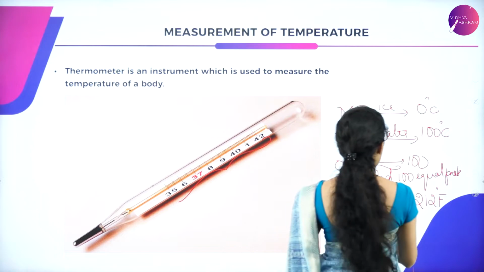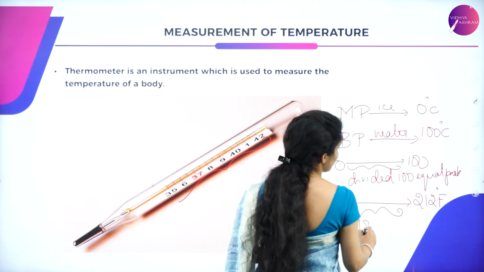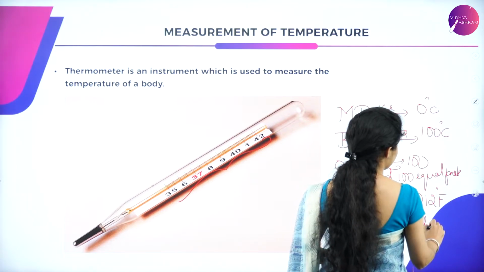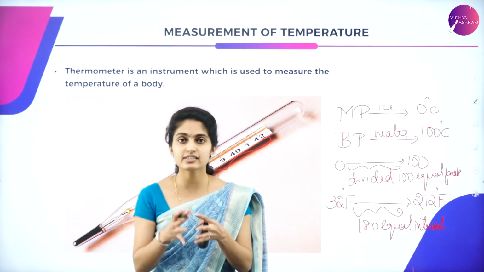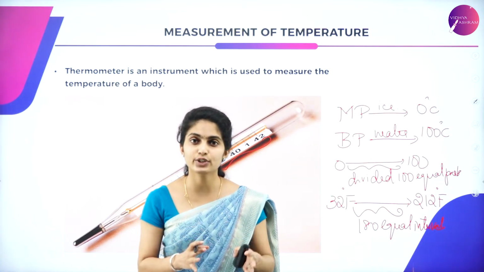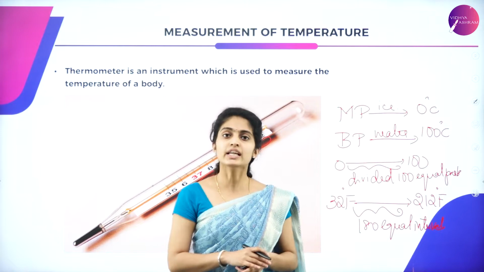So it is divided into how many equal parts? It is 180 equal intervals. So the degrees present on the Fahrenheit scale are divided into 180 equal intervals.